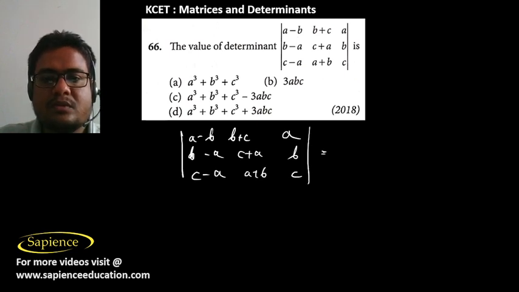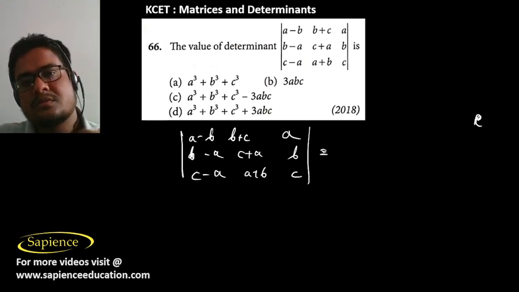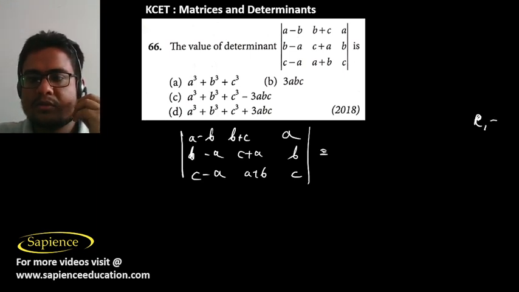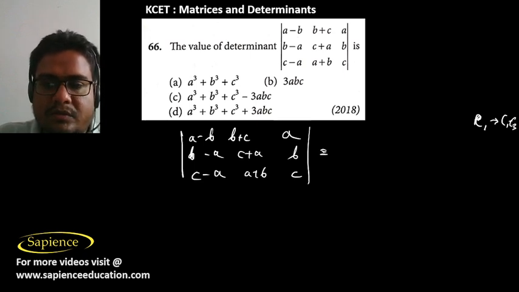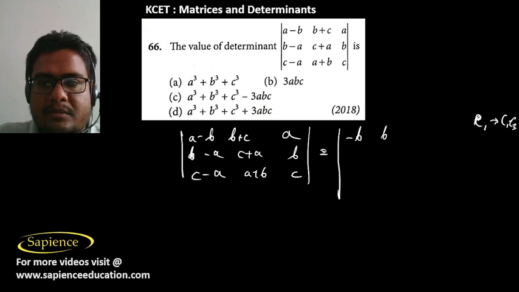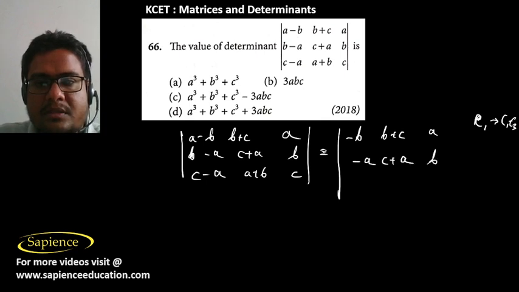So here we can apply a column operation. C1 goes to C1 minus C3. Then we will have the determinant of minus b, b plus c, a, then minus a, c plus a, b, minus a, b, c.